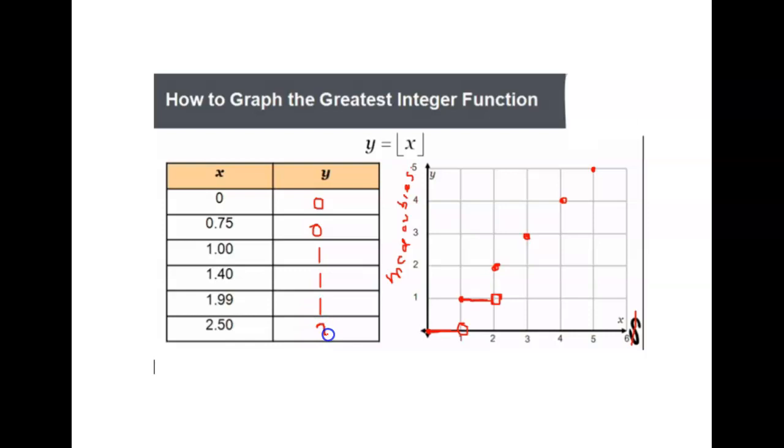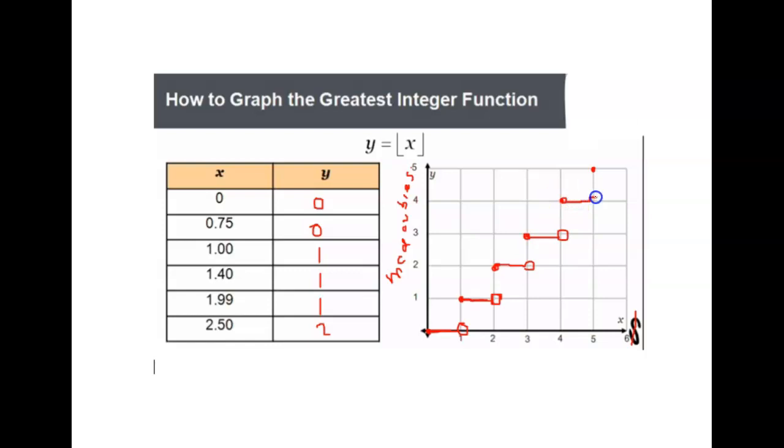I stay at 2. So if you notice here, the greatest integer function is going to be just like our piecewise functions, but it's steps, because as I near each integer, I'm rounding down. Once I hit the exact integer, I jump up to that value.